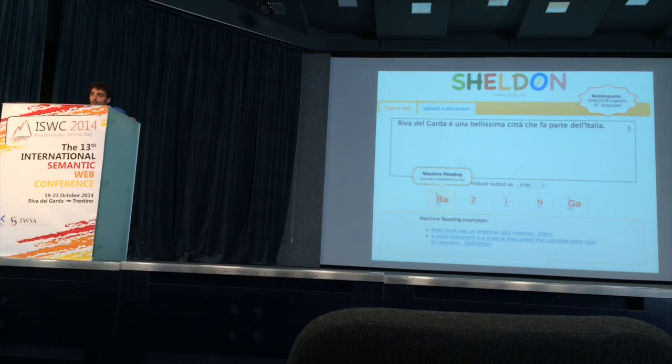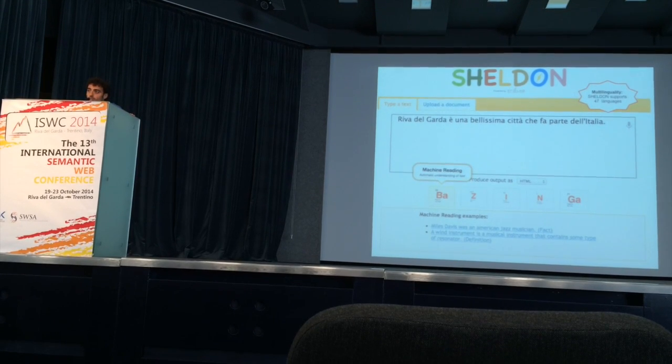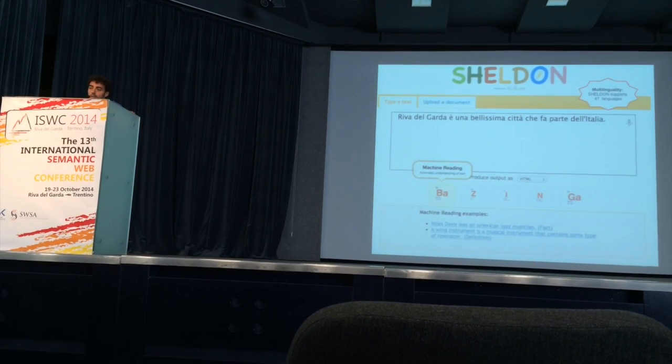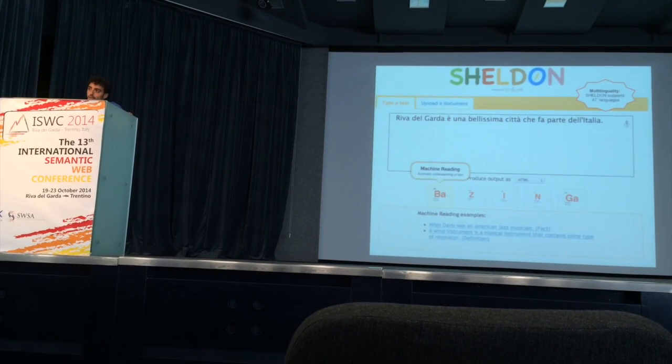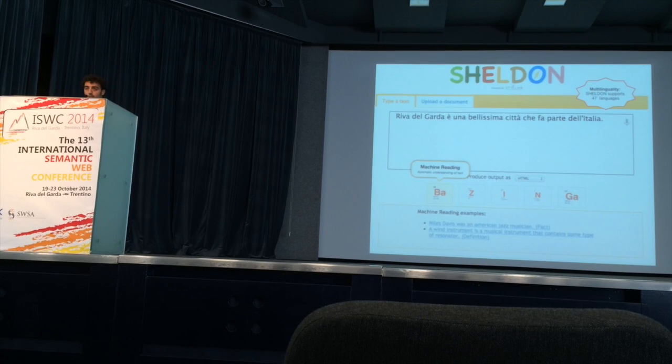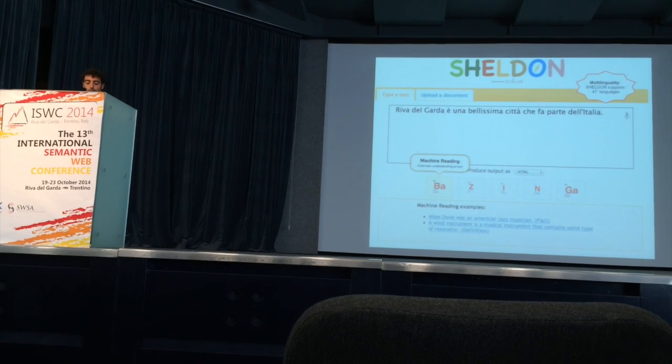So Sheldon is a framework, and it includes several semantic tools that we developed in the last 2 years, and then we integrated them all with other graphical features and capabilities.